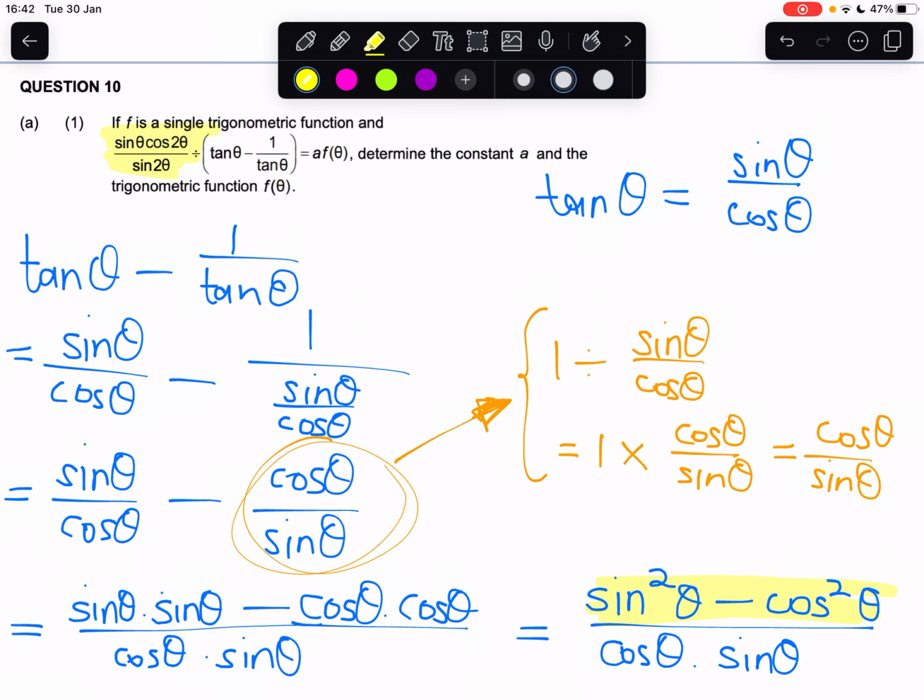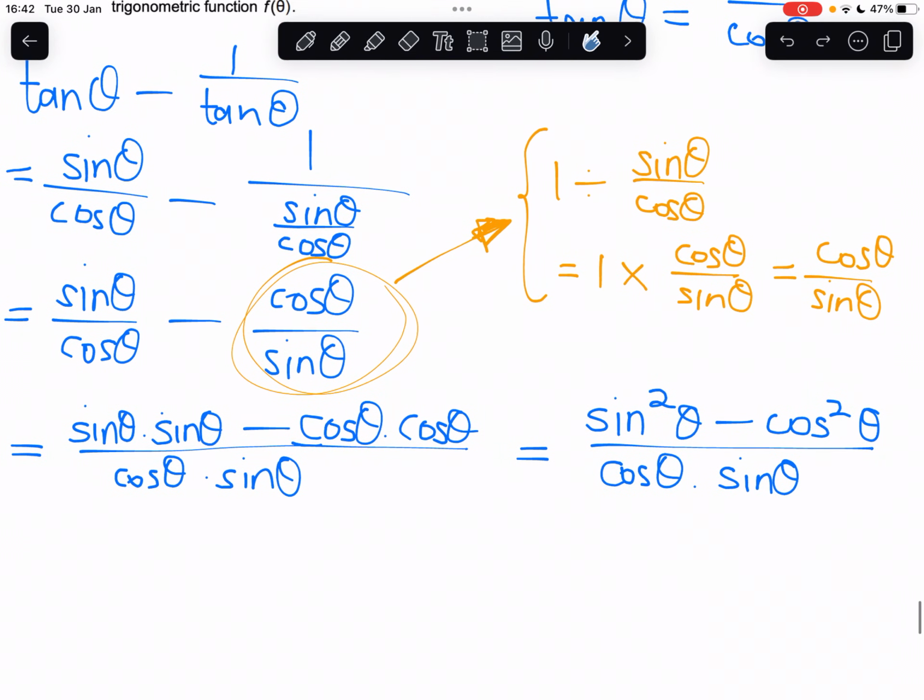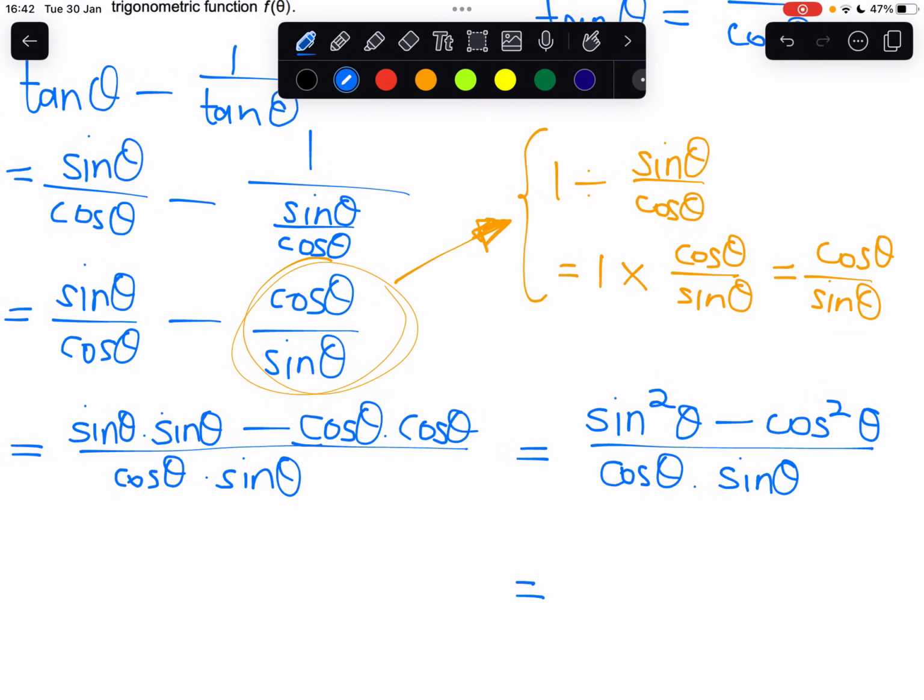I am tempted to express the numerator here as cos 2 theta. Oh, am I lying? Cos 2 theta is actually cos squared theta minus sine squared theta, right? I think that's right. Yeah, I think that's right.